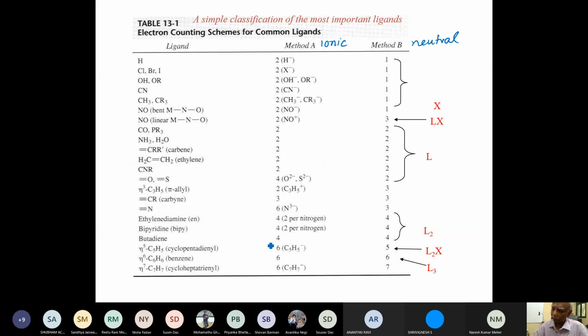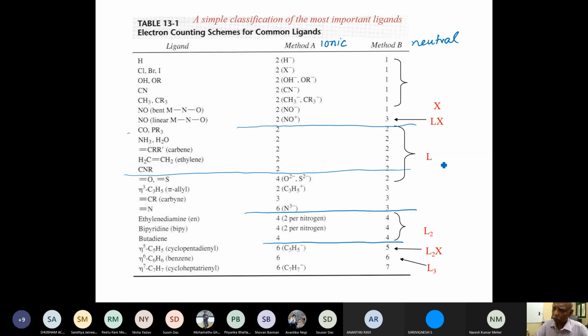You have the same number of electrons which are donated, whether you have the ionic method or the neutral method. Similarly, for example, here, you have the same number. You do not have any change.